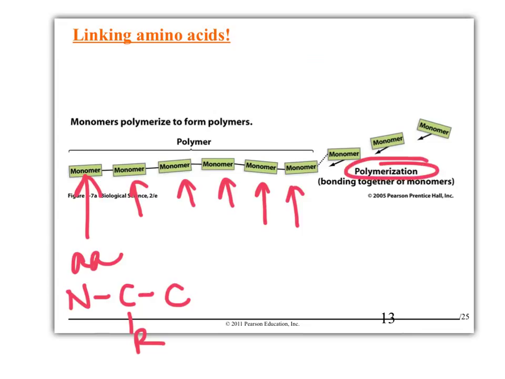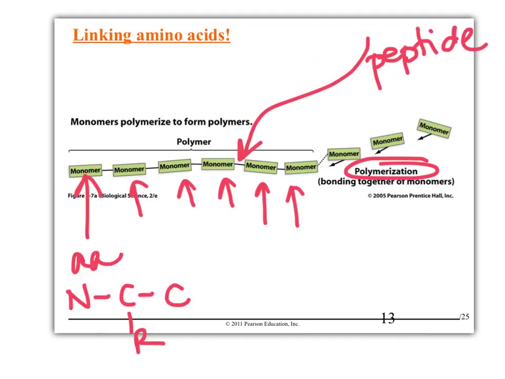Polymerization just means putting monomers together, making a polymer. We need to know what the monomer is and what the bond is called. For amino acids, it's a peptide bond. I'll give you a little foreshadowing: amino acids linked together through a peptide bond form proteins.